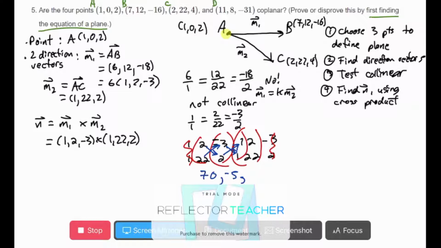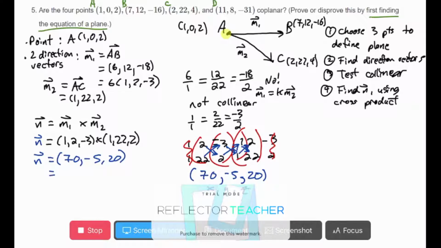And for Z, 22 minus 2 is 20. So there is my cross product, and that is my n value. So n, my normal vector, is equal to 70, negative 5, 20.